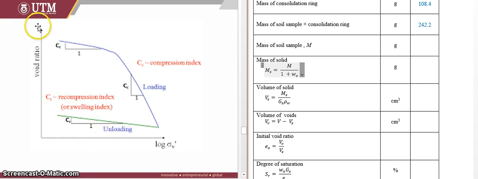By using the log graph, you can use the void ratio data, the initial void ratio and the differences of void ratio, with the different stress as the x-axis. So you can plot the e-log pressure graph, and from the e-log pressure graph you can get the compression index CC, and also the recompression index CR.